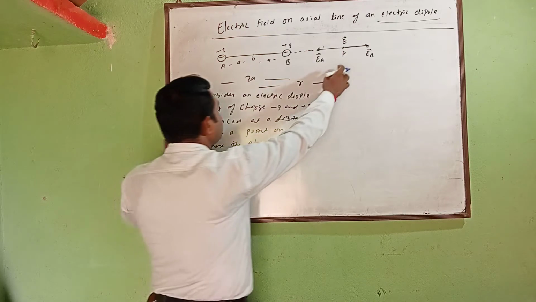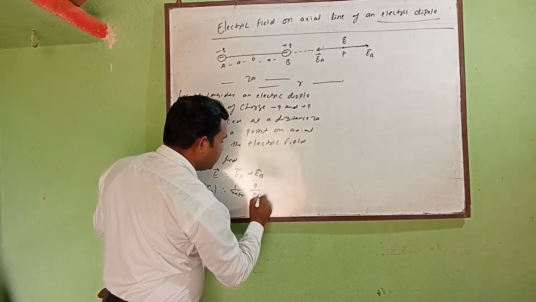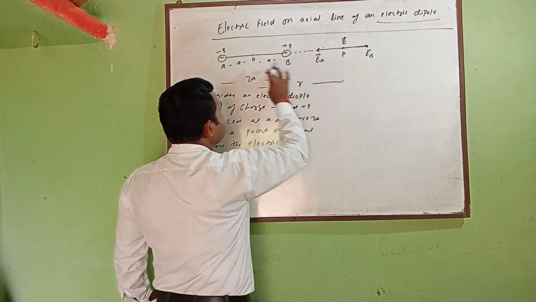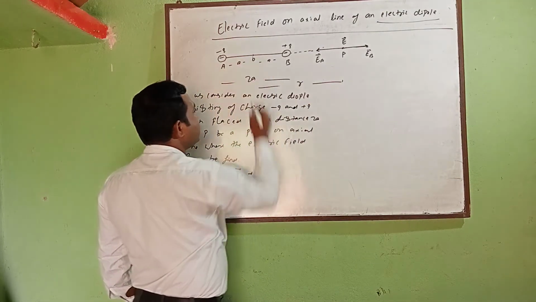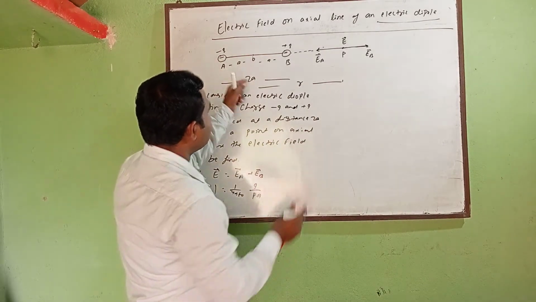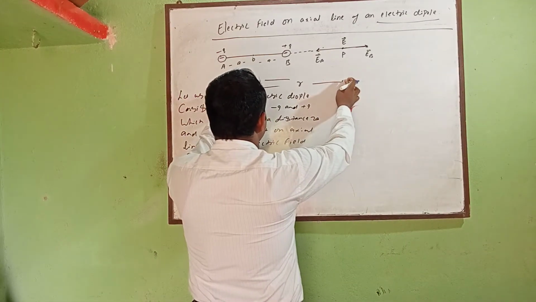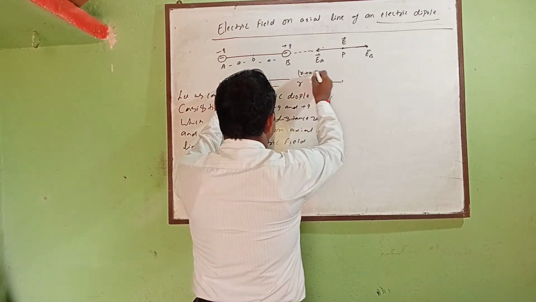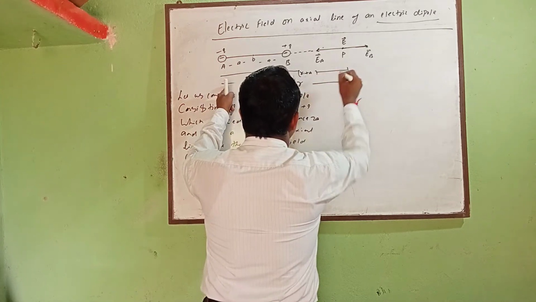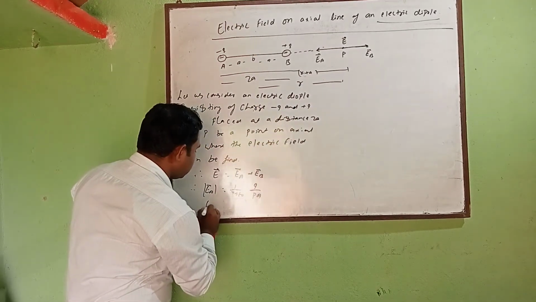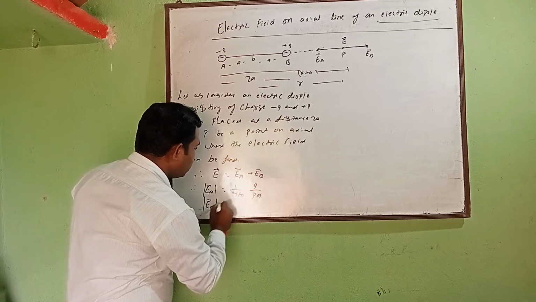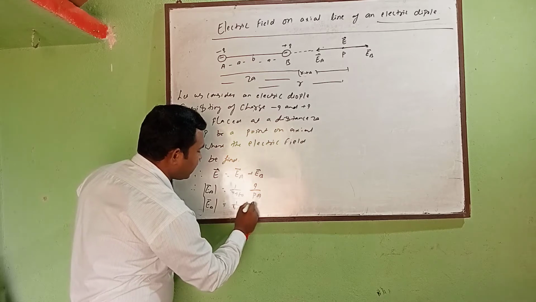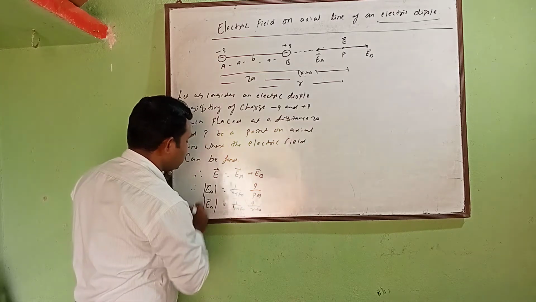This is for A, so you will take the distance PA. But what is the value of PA? You can see that from point P to A, here is R, and this A will add to it. So here will be R plus A. Total you will take R plus A, from here to here. Is it clear? So you can put vector E, or also write in the mod, 1 by 4 pi epsilon naught Q by R plus A, whole square.